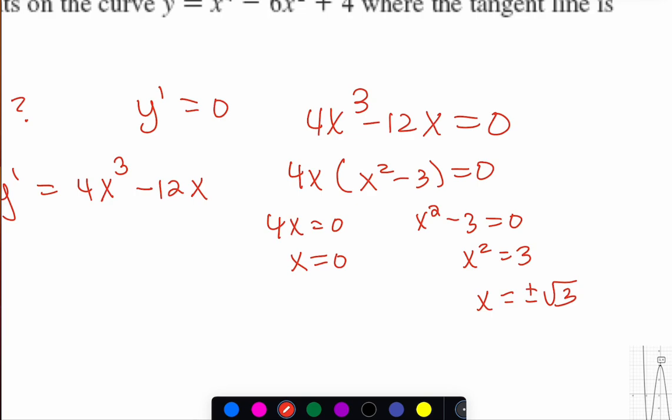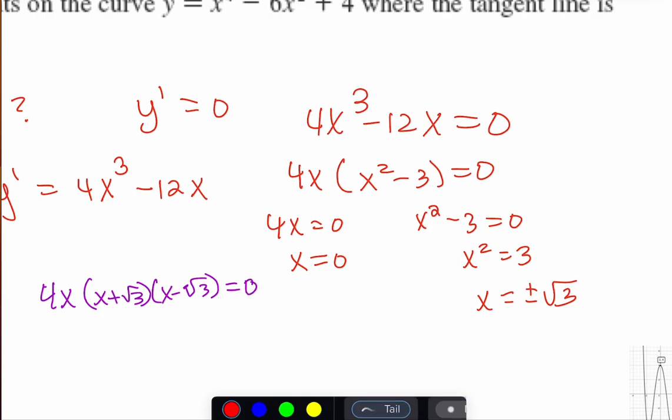Now, x squared minus 3, you can actually split up using the difference of squares formula. That would be x plus square root of 3 and x minus square root of 3. So feel free to even split it up further at this point. Your Algebra 1 or Algebra 2 teacher might have misled you, saying that you can only factor that if it's a perfect square.